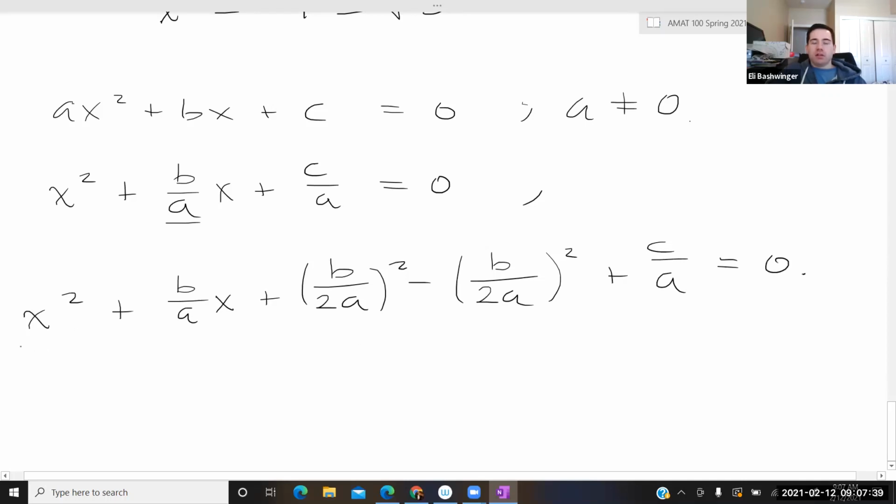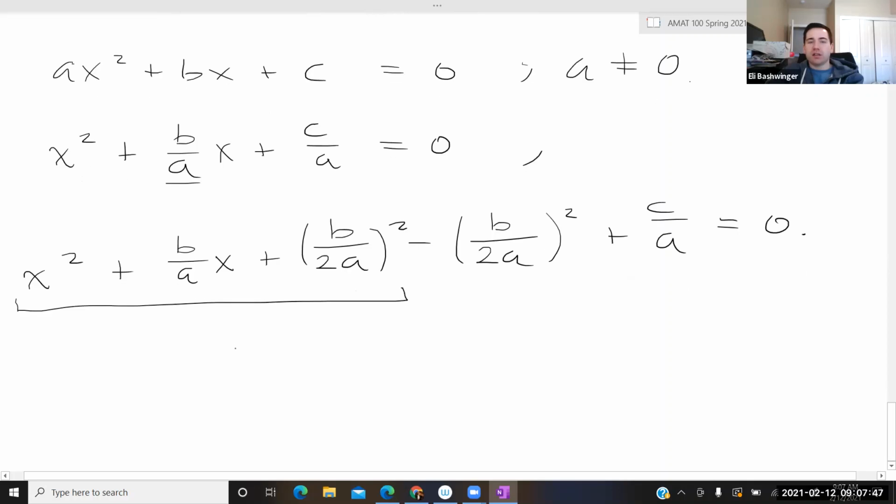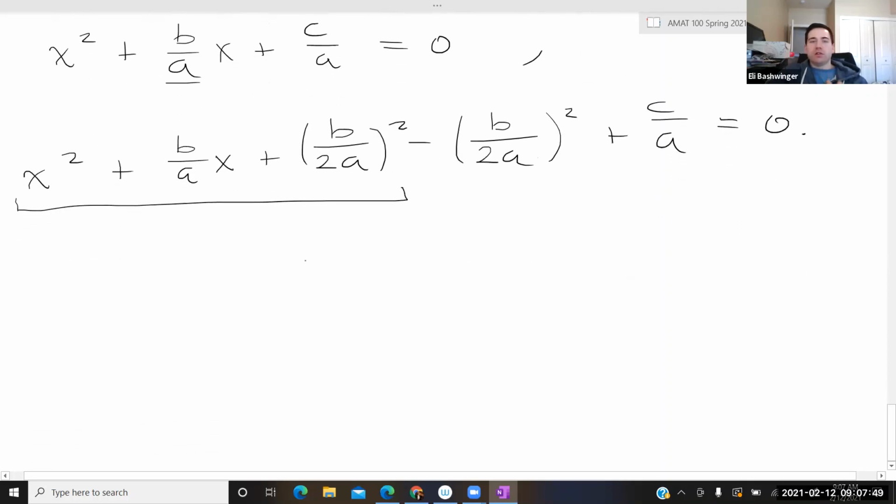Just as in the other example, if you stare at these terms long enough, I won't FOIL it just to verify, you'll see that this piece I just underlined factors as x plus b over 2a, squared. And if you do the FOILing out on your own, you'll see that you do in fact get this back.